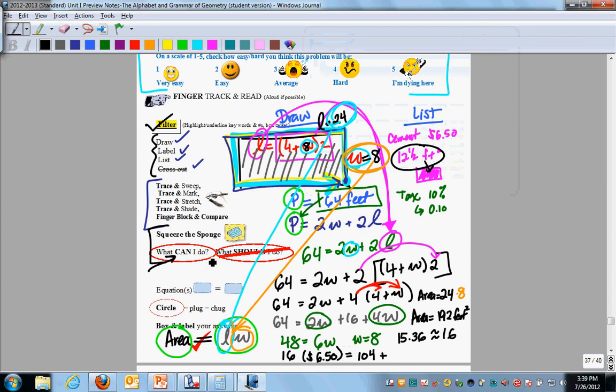Plus 10% of $104 is you just move the decimal over once, which is going to be 10.4. So the total cost, 104 plus 10.4, is $114.40. That, now you label, is the cost.